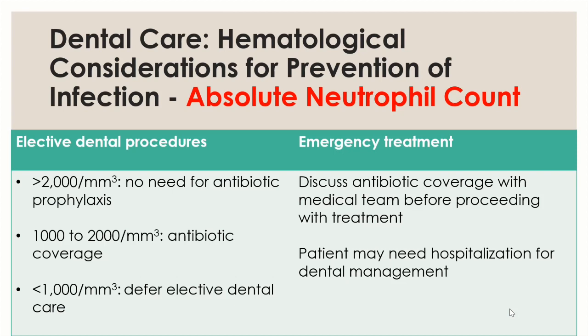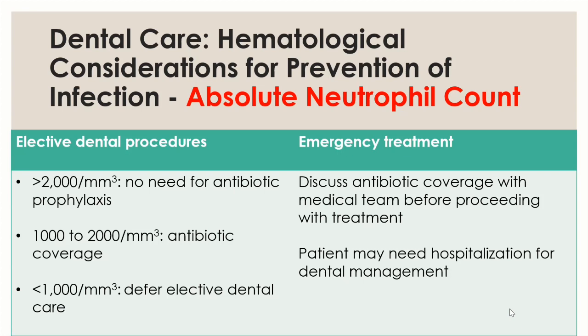For provision of dental care, we have to consider the prevention of infection. So we look specifically at the absolute neutrophil count. For elective dental care, if the count is more than 2,000, there is no need for antibiotic prophylaxis.